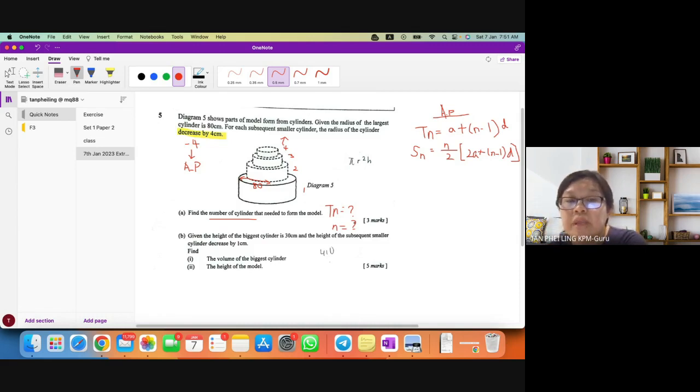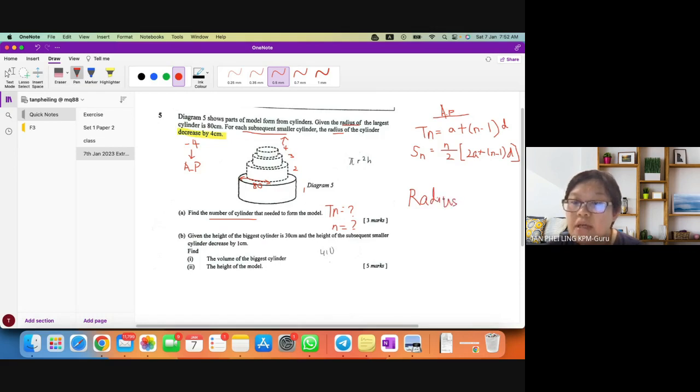Do we have information on the height? We don't. In fact the AP is only for the radius, because they only give us the radius of the largest one, and for each subsequent smaller one the radius decreases by 4. So here the AP is focusing only on the radius. It doesn't involve the volume yet.